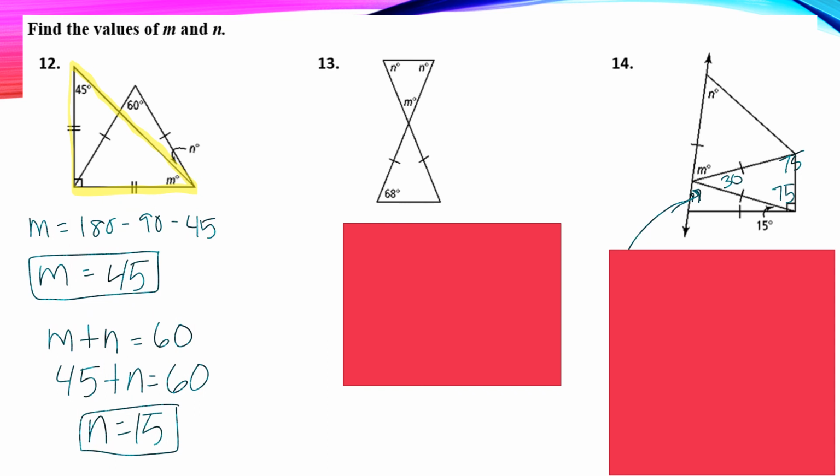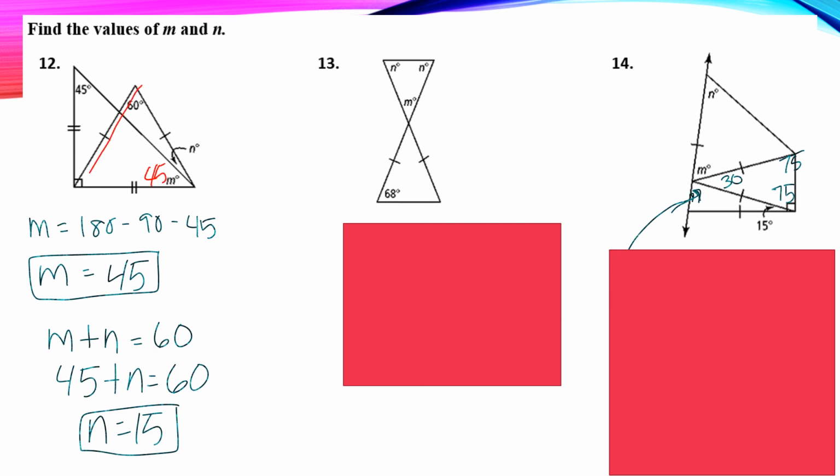Then for the other triangle, I know that this whole thing here is M plus N. M is 60, so if I do, sorry, that is not correct. Hold on, let me erase this and try it again. So this is 45.